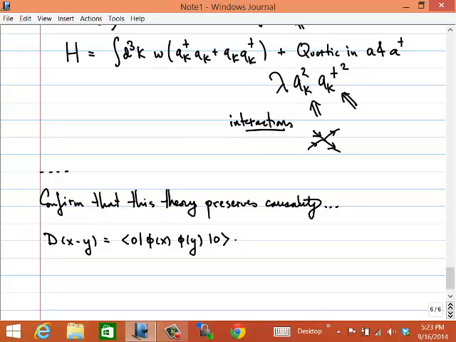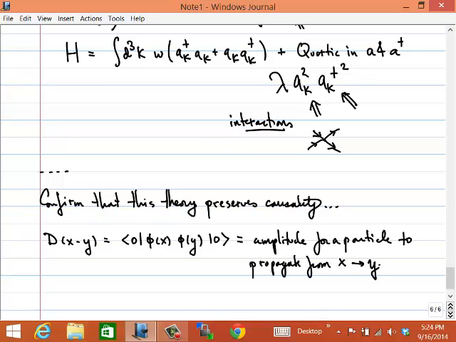And so this is just the quantum mechanical amplitude for a particle to propagate from x to y. And I've called this quantity D.